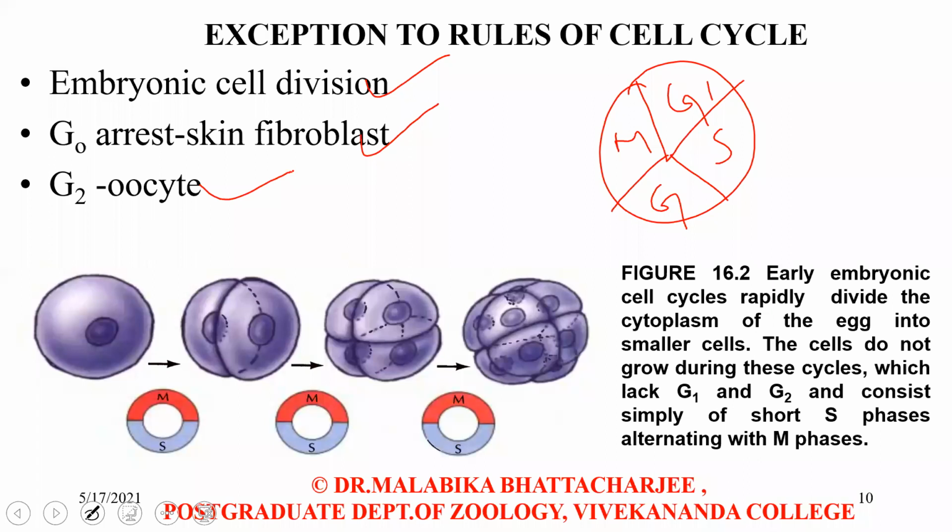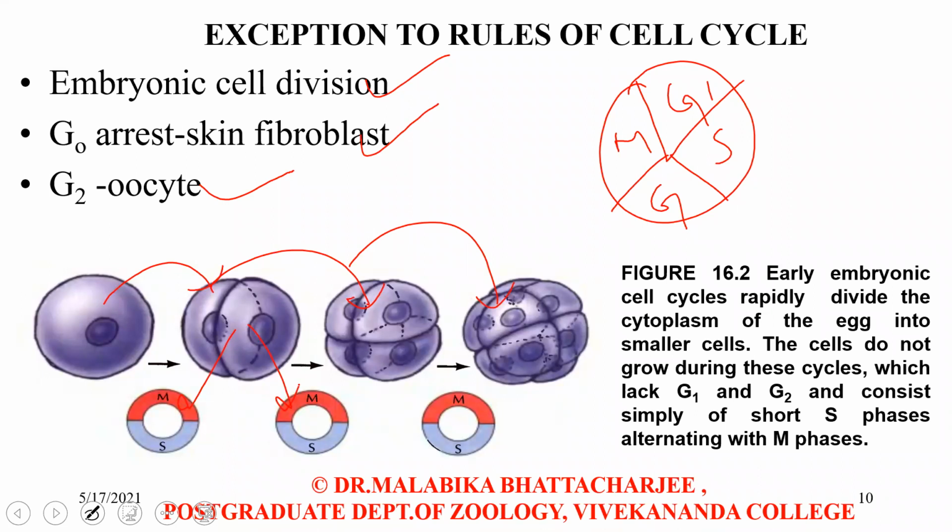When we are talking about embryonic cell division, early embryonic cell cycles rapidly divide the cytoplasm of the egg into smaller cells. As you can see in the picture, the embryonic cell cycles rapidly divide the cytoplasm into smaller cells. And in the process, if you look into the cell cycle that is happening, the cell is moving through mitosis and S phase only.